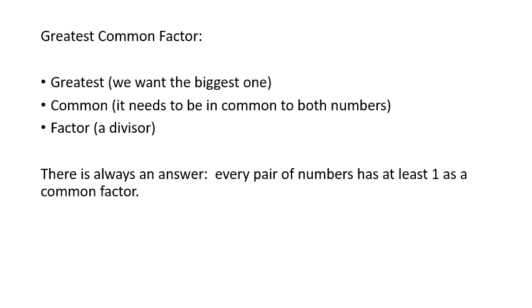Every pair of numbers at least has one as a common factor, and if it's the only common factor, then it's the greatest common factor. So there's always an answer of at least one. In a lot of cases it'll be something greater than one, but there are going to be cases where the greatest common factor is simply one.